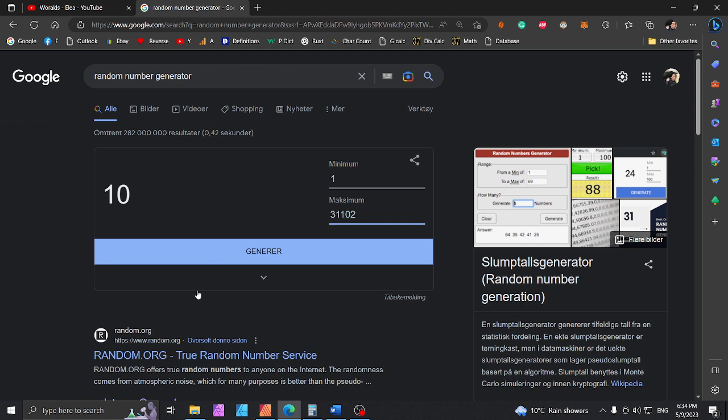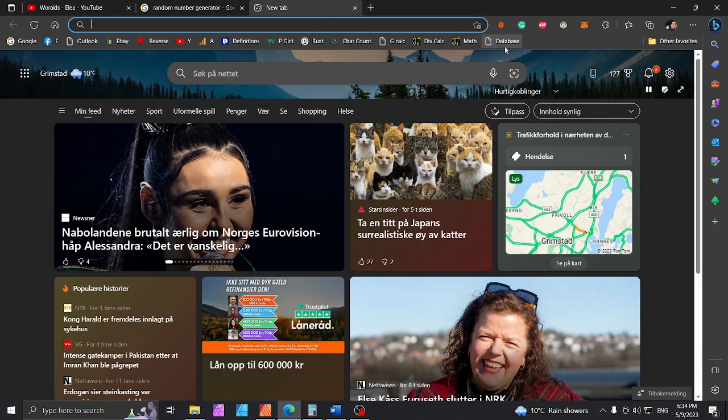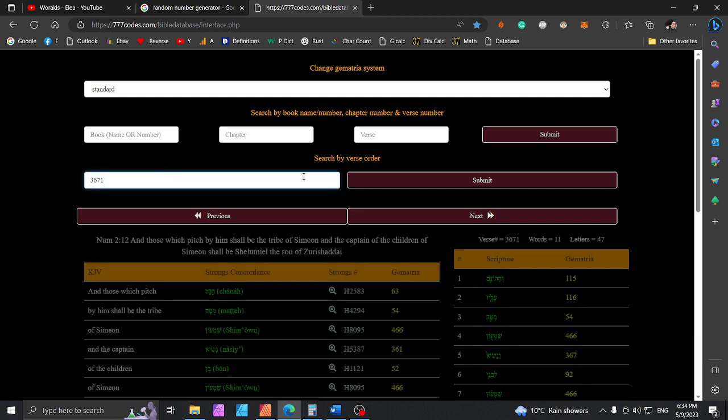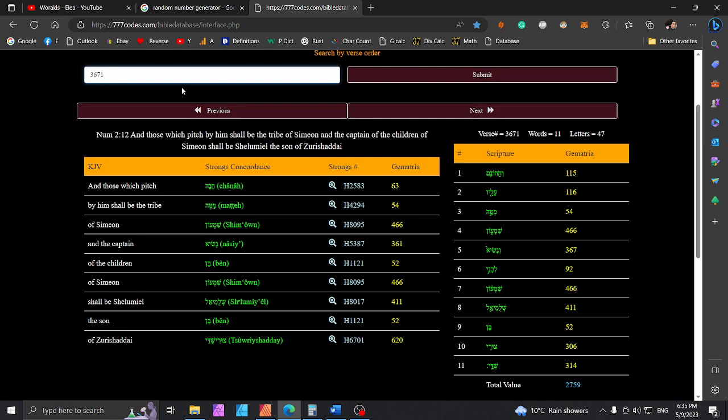So the number we will get when we click generate, or generere in Norwegian, is a number between the first verse of the Bible and the last verse of the Bible, because the Bible has 31,102 verses. So let's just begin. 3,671 is the verse we are going to decode. Here is the verse.